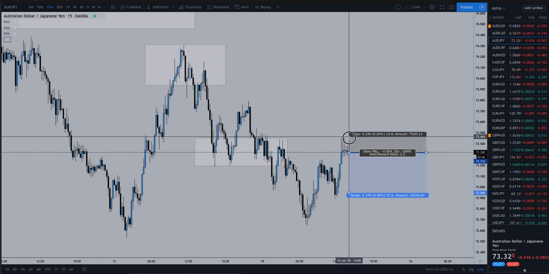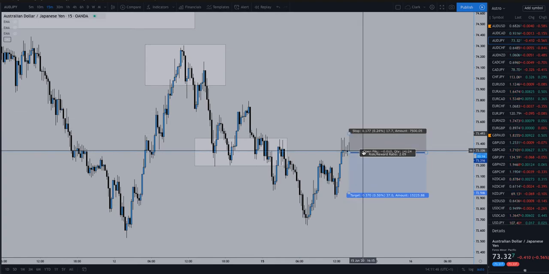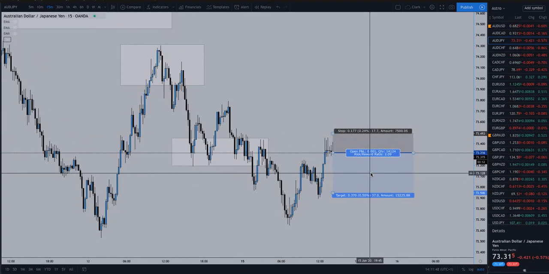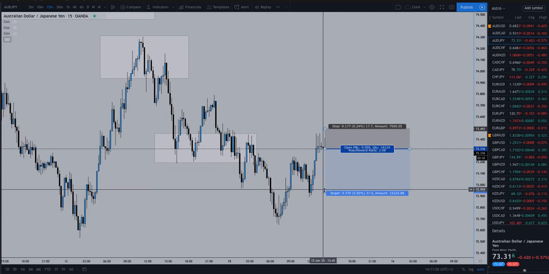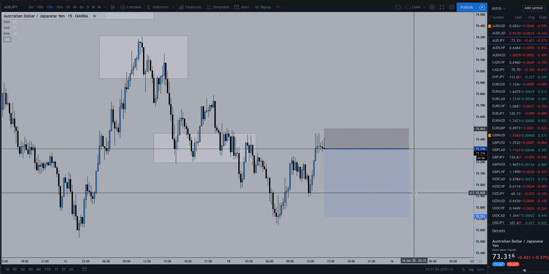For this one, 15-minute, I'm not going very much higher. Got the wicks. I mean, they've already made lower wicks, so I'm going to go above the high. It's like an 18 pip stop. Intraday, I mean, honestly, you could just go to here. You could take it to here, have a 1 to 3 risk reward, and be good. All right.